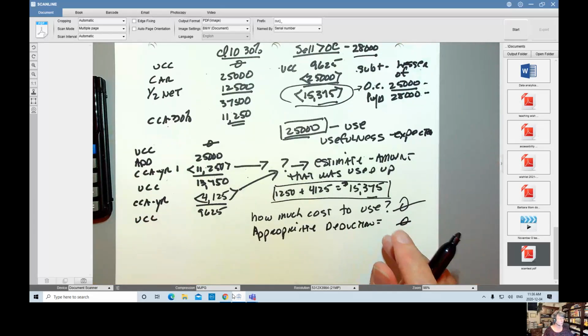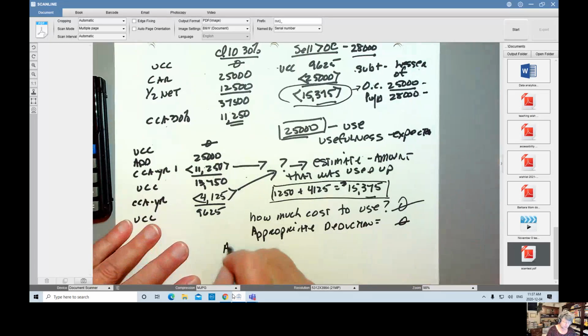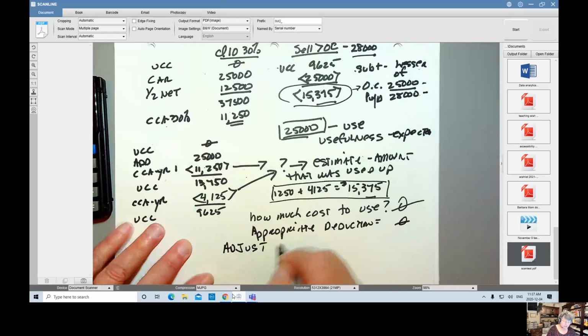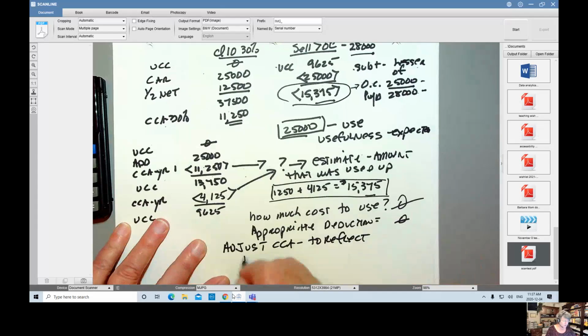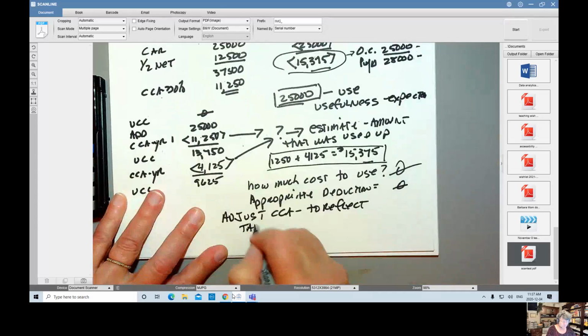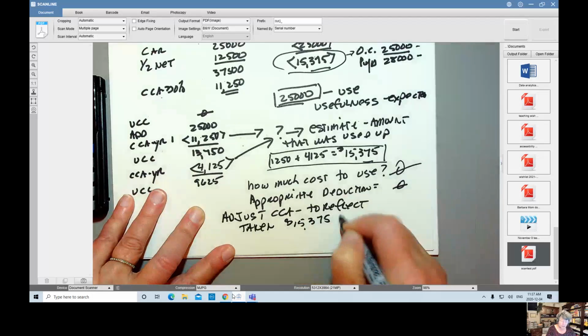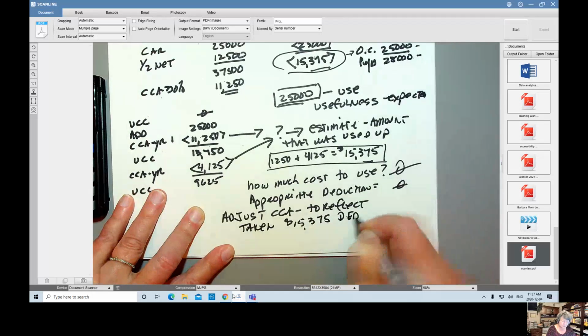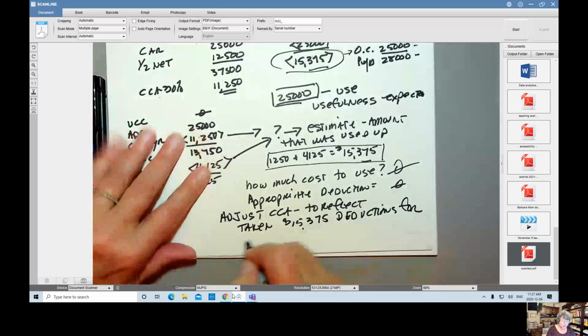Okay, so what we should be doing then is basically adjusting our CCA. We need to adjust the CCA to reflect that we've taken $15,375 of deductions for costs we didn't incur.